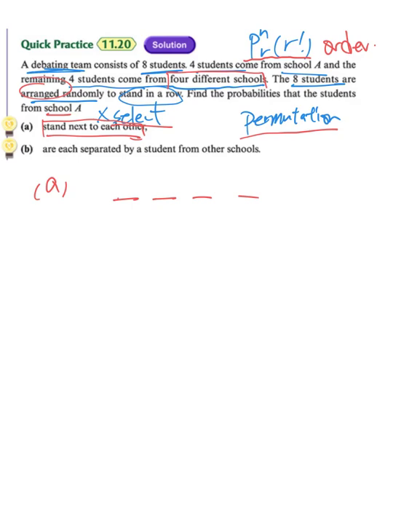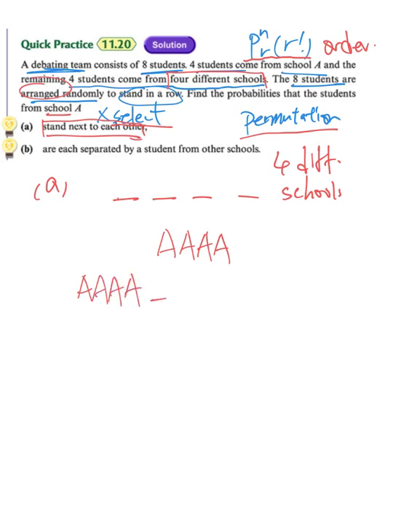Now I want to put the 4 students from school A standing next to each other, and at the same time take care of all the possibilities. You can imagine you can have this situation, and this situation, or this situation.